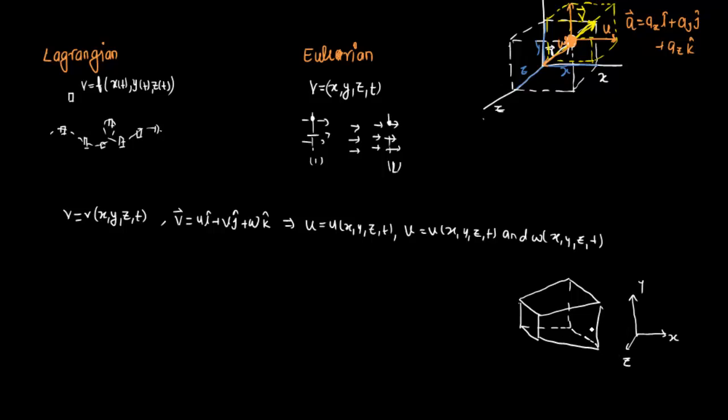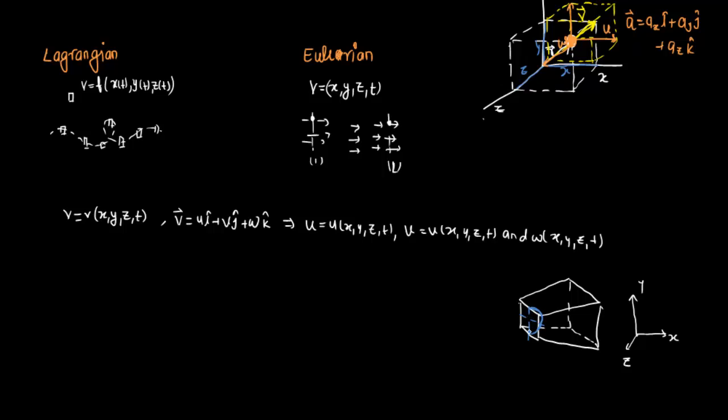If at this cross section I draw the flow pattern, obviously at the wall the velocity is going to be 0 because of the no slip condition. But at the center the velocity is going to be maximum.